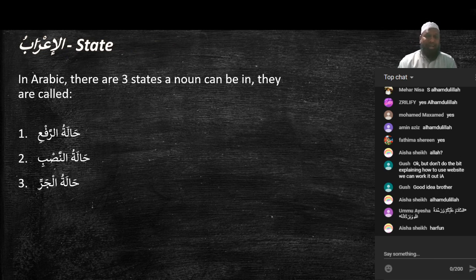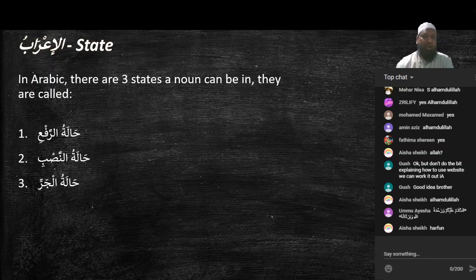Number 1, al-i'rab, the state. In Arabic, there are 3 states a noun can be in. So let's learn those 3 states first. What are those 3 states? They are halatul rafa, the state of rafa.